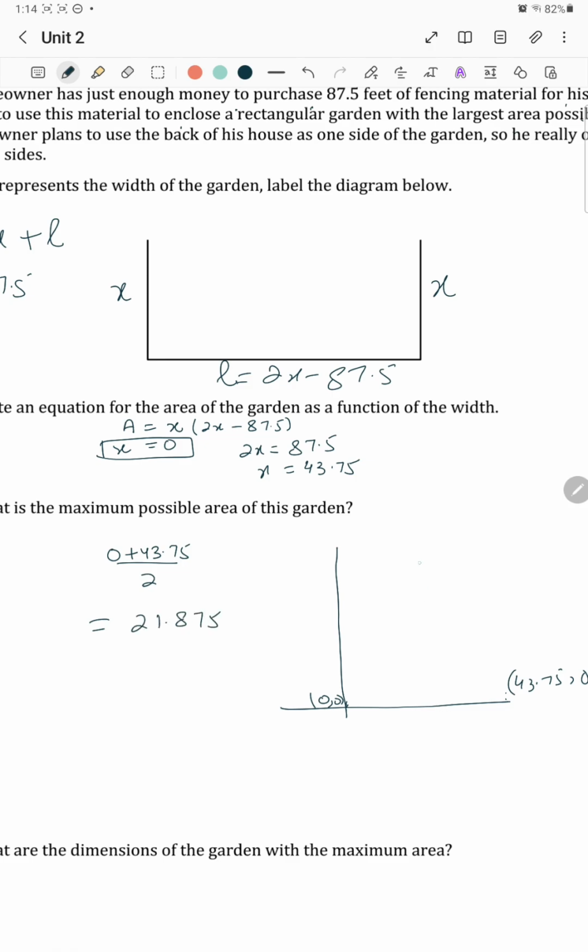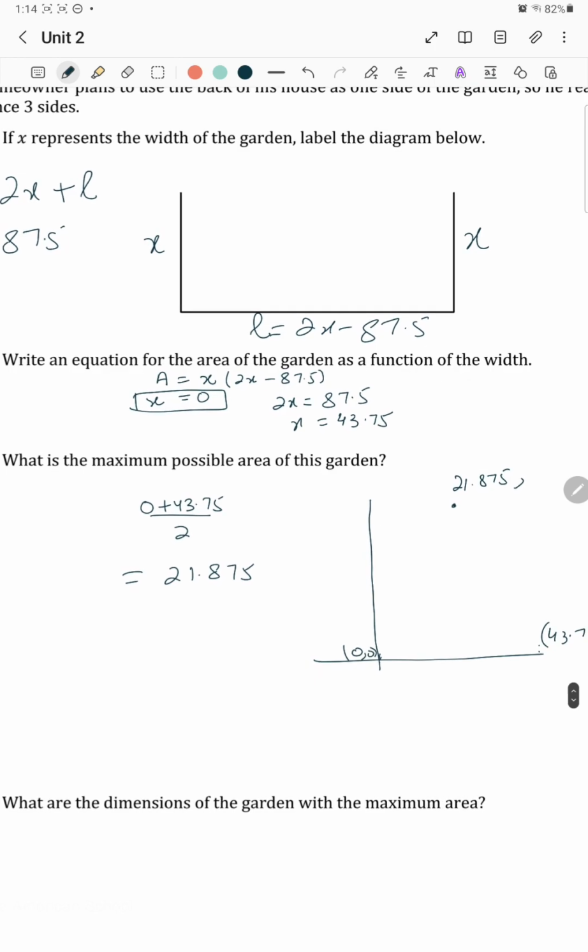So x will be equal to 21.875, and putting this value in the equation we will get the area: 21.875 times the length, which is equal to 957.031.